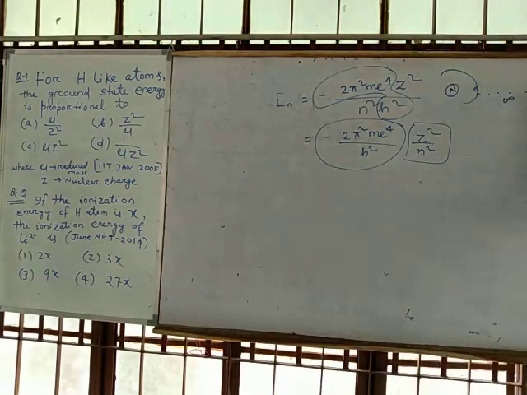The electrostatic potential energy of the electron is K Q1 Q2 by R. Here Q1 is the charge of the nucleus, Q2 is the charge of the electron, and R is the separation distance between them.